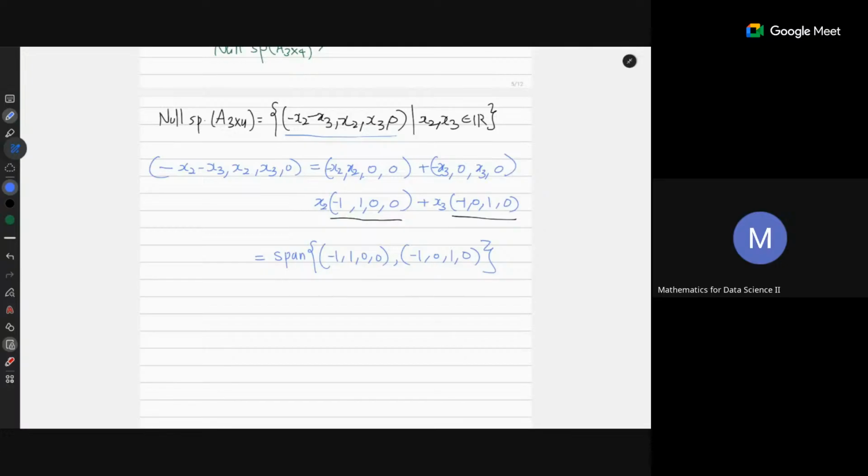Now it is a span of these two vectors, and you can clearly see that these two vectors are also independent. So they form the basis of null space. This is one way to figure out the basis. Is everyone comfortable with what I said?